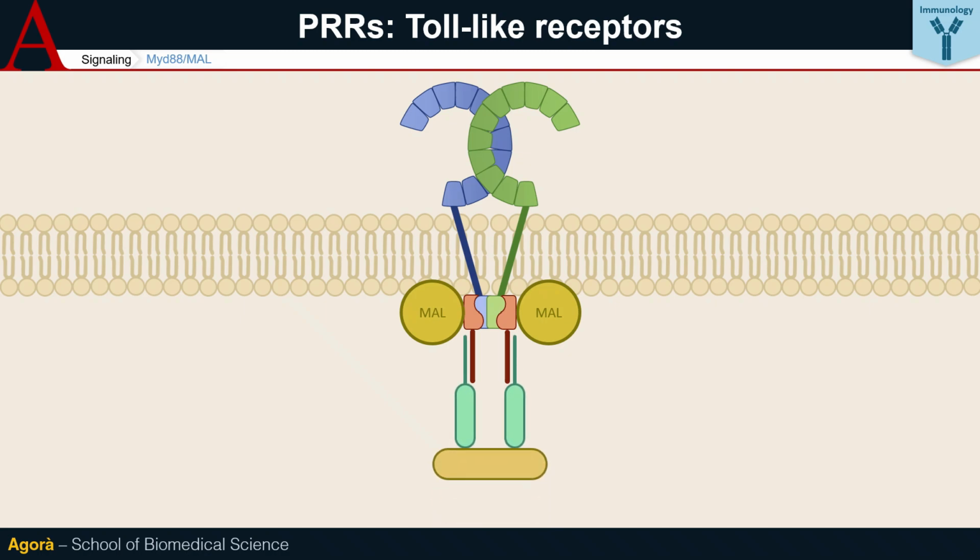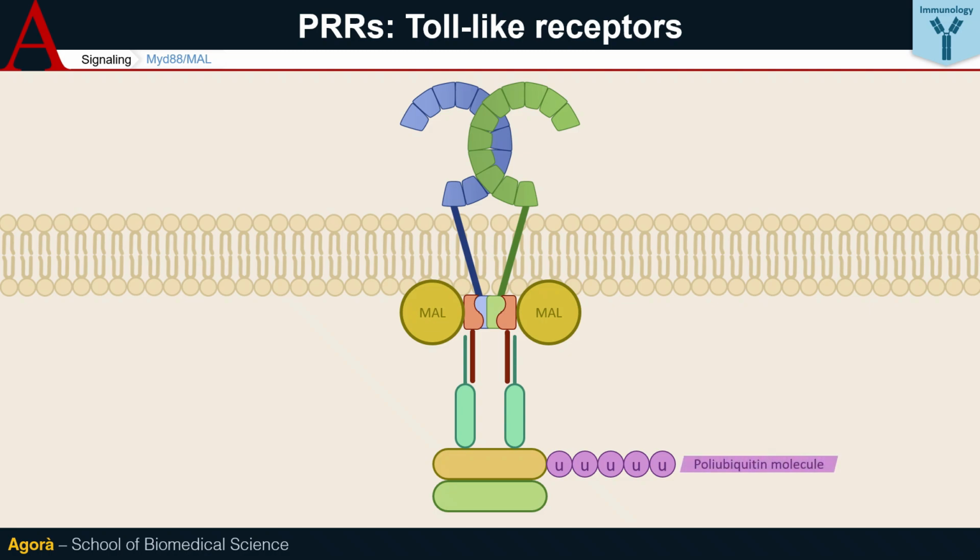subsequently recruit TRAF6, tumor necrosis factor receptor-associated factor 6, an E3 ubiquitin ligase capable of bridging between an E2 ubiquitin ligase and its substrate, to which a ubiquitin molecule will be attached.